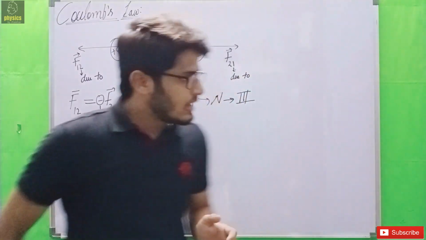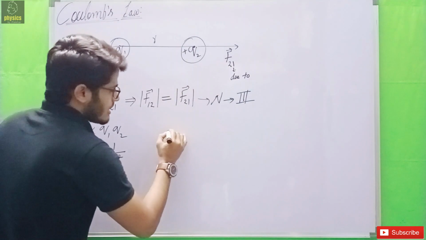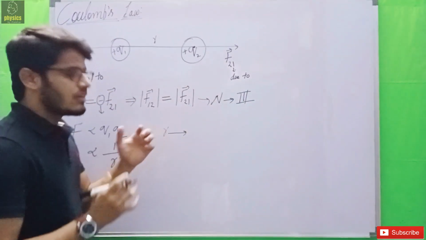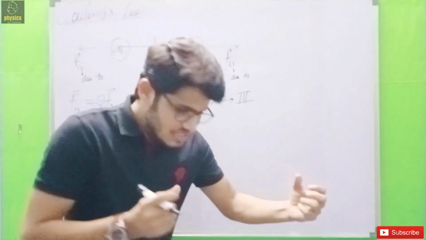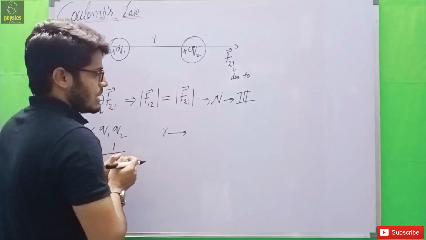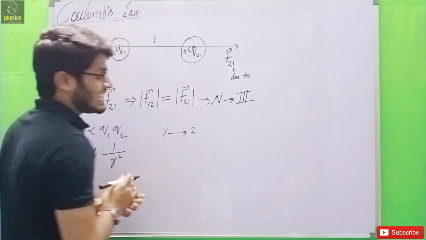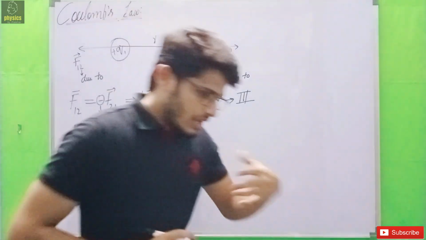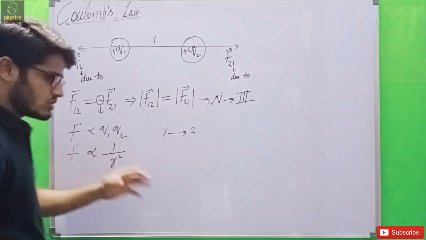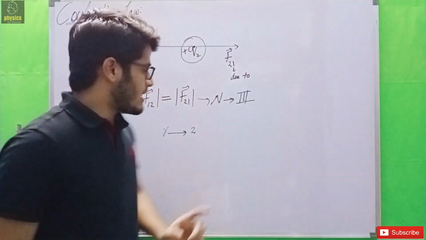To get the feeling for the inverse square law, suppose I increase the distance between the charged particles by 2. Then the force will decrease, because they are inversely related.